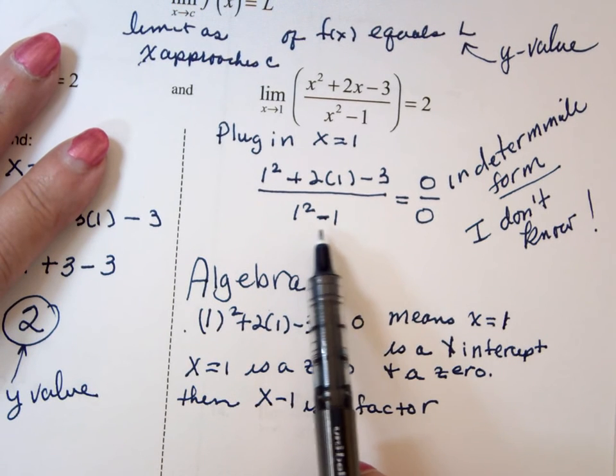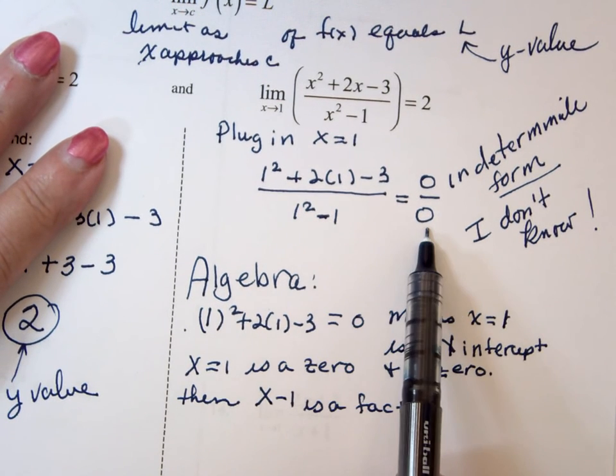X equal 1 created a denominator of 0, so that means x minus 1 is a factor of the denominator.